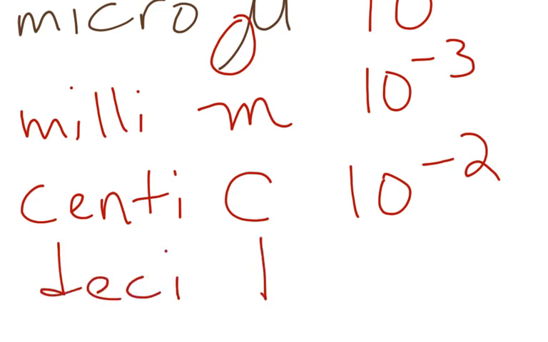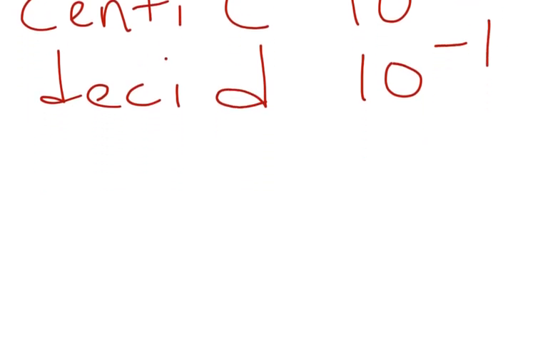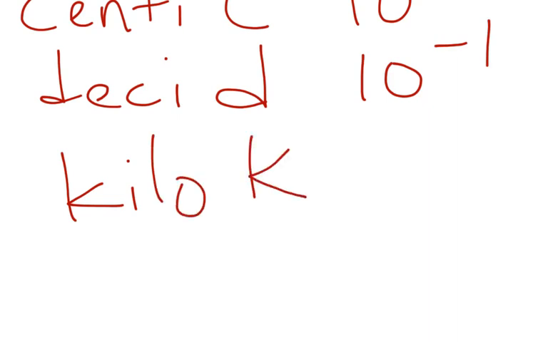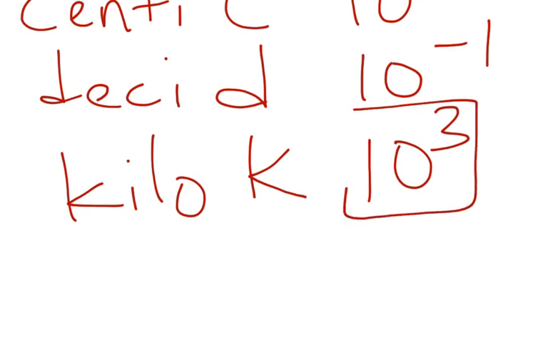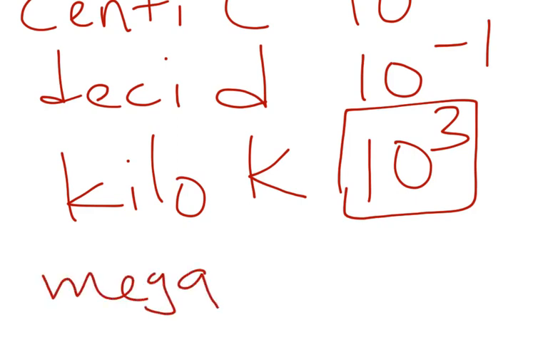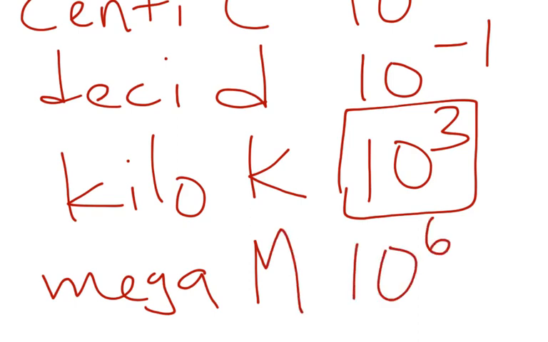Deci is a lowercase d, that's 10 to the negative first. Kilo is a lowercase k, and it's 10 to the third, or 1,000, but I do want you to remember the power of 10 over the actual number. And the last one on your sheet that we use in chemistry often is mega. It has a capital M for its abbreviation, and it's 10 to the sixth.